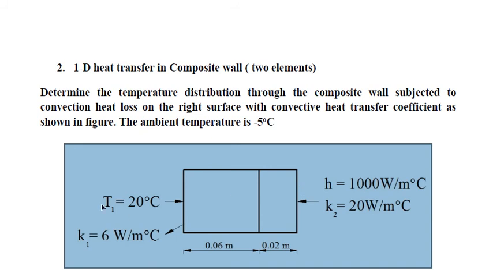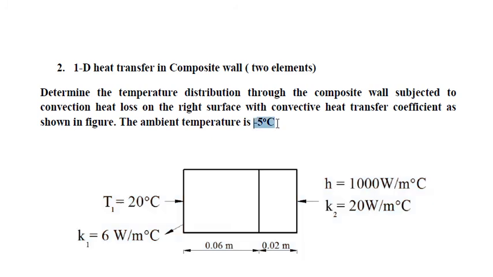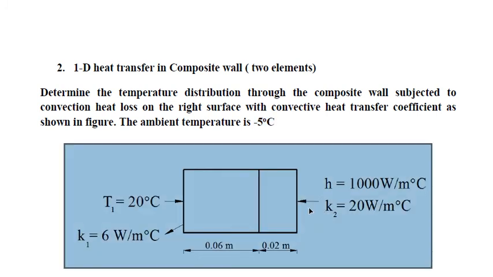This is T1, and one more thing is given, the ambient temperature minus 5 degree centigrade, which means the temperature of the surrounding at the convection is minus 5 degree centigrade. Now we have to find the temperature at this point and at this point.